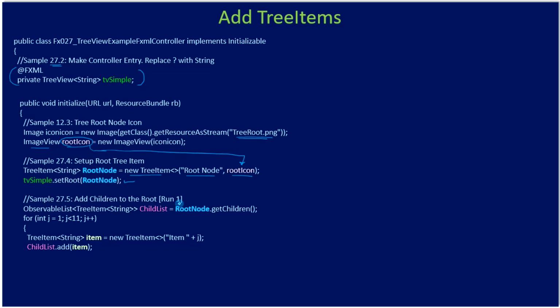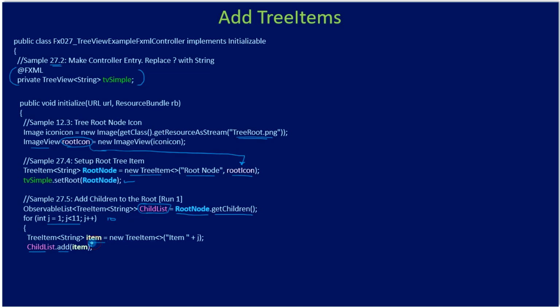Next, from root node, we make a call to get children, and this will give you an observable list of tree item, and we call that child list. Then we form a loop that runs for 10 times, and in each iteration we make use of this child list, and we are adding the item.